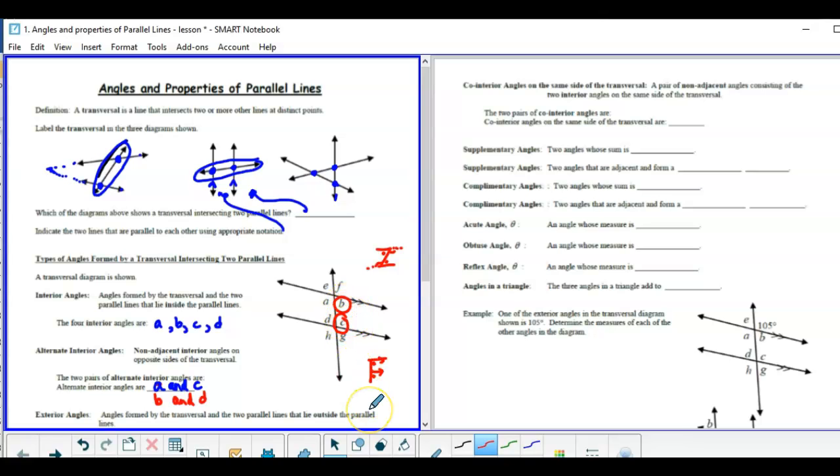Now here, though, they won't be equal to each other. They're going to add to 180. They're supplementary.